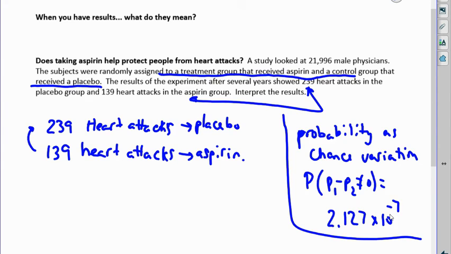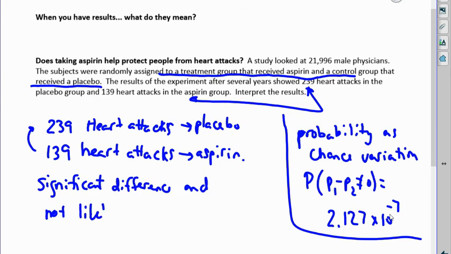So that is a significant difference, not likely the result of chance variation.